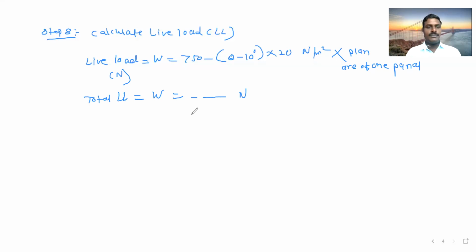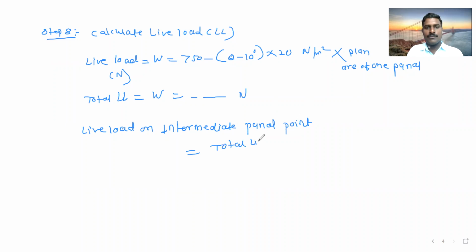So now, live load on intermediate panel point is equal to total live load divided by number of panels.